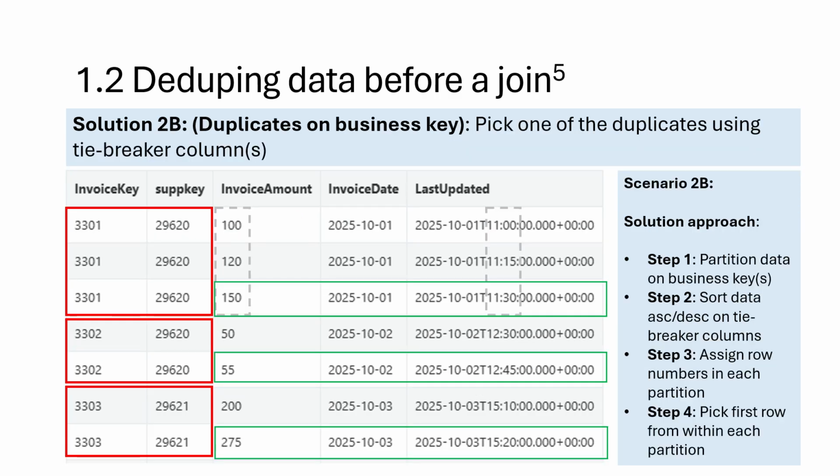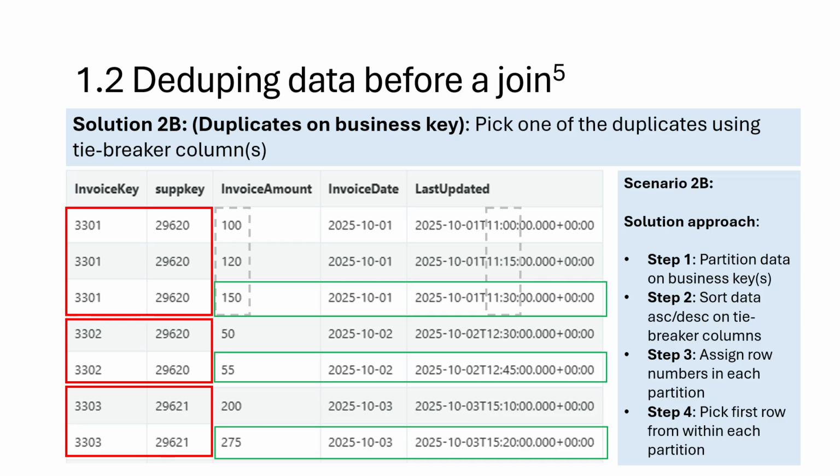This approach is an extension to the previous approach. In the previous approach, we were deduping based on the business keys only. And the limitation was that there was no guarantee that we get the same results every time we dedupe. Whereas in this approach, we will dedupe not only based on the business keys, but also by considering additional columns.